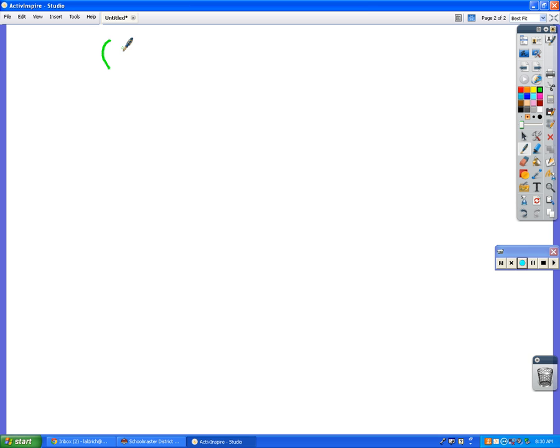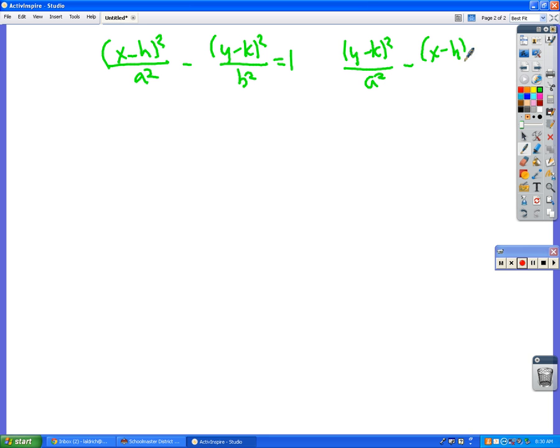We had two different forms: one where the x came first, and one where the y came first. The slope is plus or minus b over a for that one, and plus or minus a over b for that one.